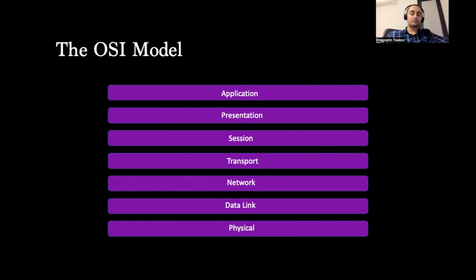So we're not gonna go into crazy much detail about each one of the layers, but we are gonna explain them in enough detail for you to be able to understand them correctly. Okay.